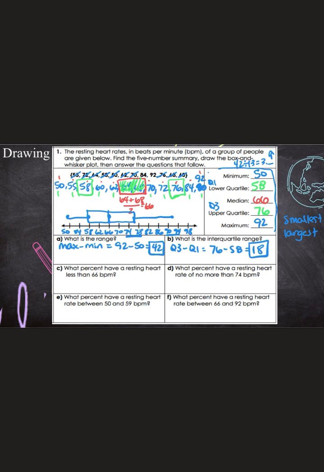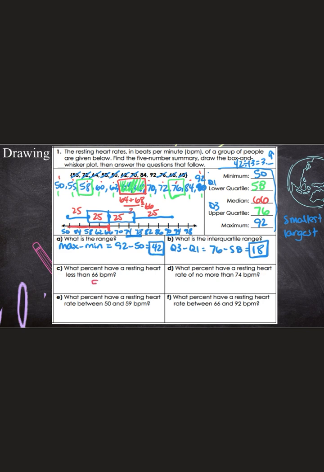And then I need to look at some percentages. So for percentages, remember, this is 25%, this is 25%, this is 25%, and this is 25%. So what percent have a resting heart rate less than 66? So here's 66. So that takes up this chunk of my graph and this chunk of my graph.